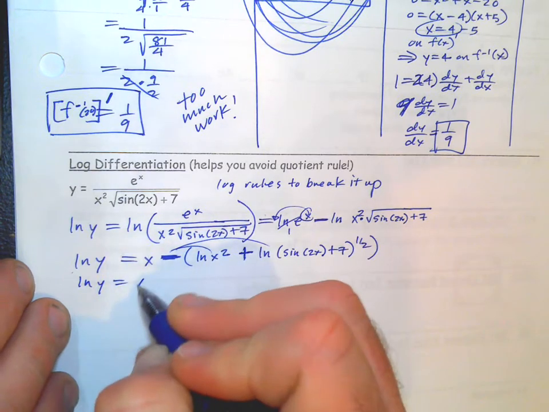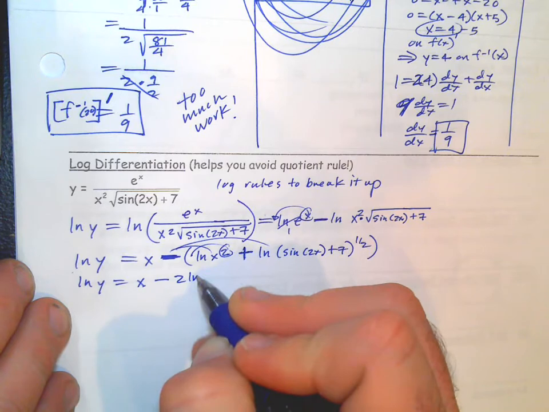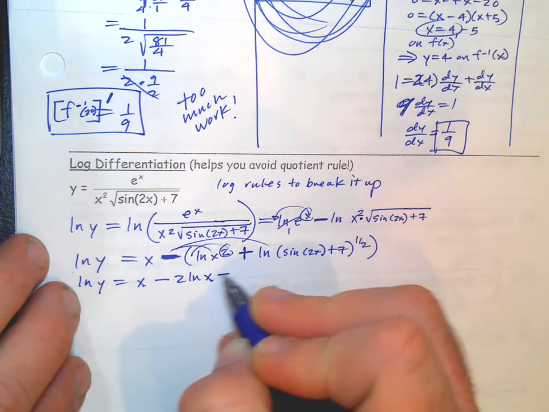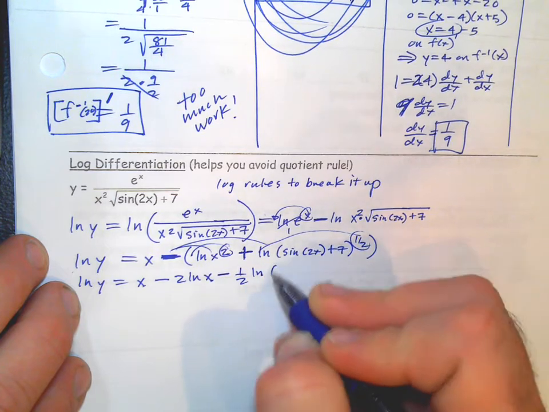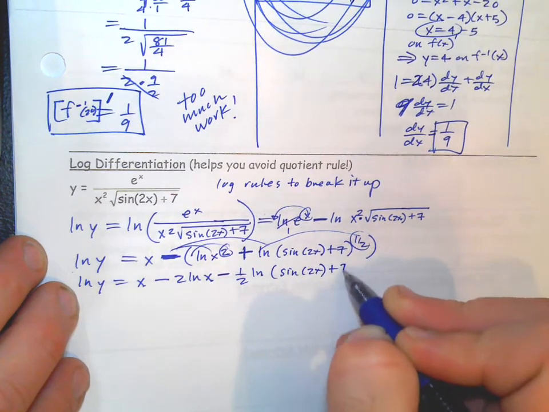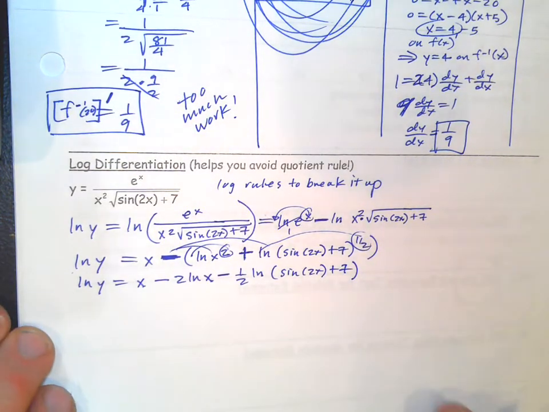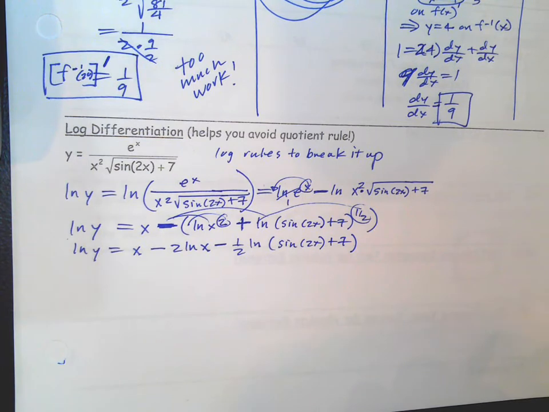So now I have x minus, I could bring the 2 out front, 2 natural log of x, minus, I could bring the 1/2 out in front, 1/2 natural log of sine 2x plus 7. I think that's about as far as I can go, but that got rid of a lot of stuff. That got rid of quotient rule, product rule, some chain rules and some power rules. This is going to be a lot cleaner.